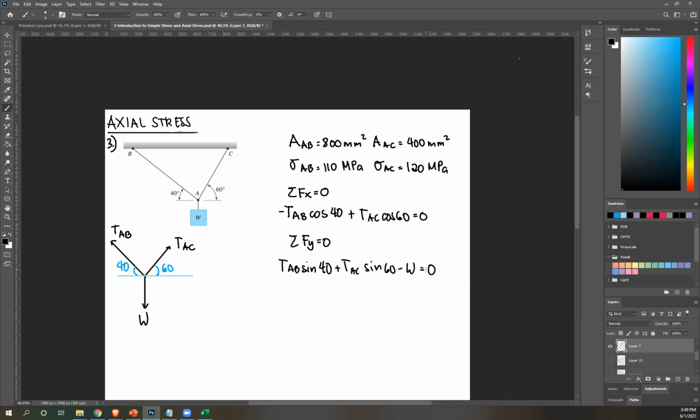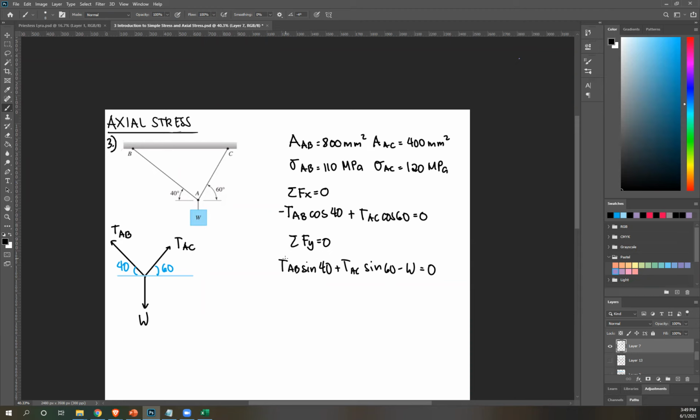Okay, nothing to solve for there again. But my reminder, what we're looking for is just an equation relating all these three variables, which we have right now. Now I just need an equation relating only either TAB and weight or TAC and weight. Okay, because from that, I can solve for weight.